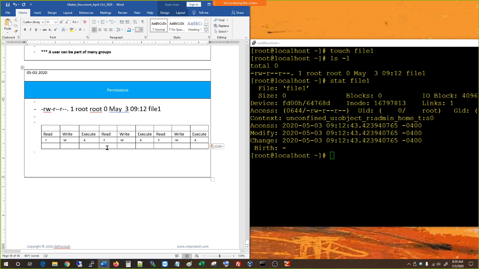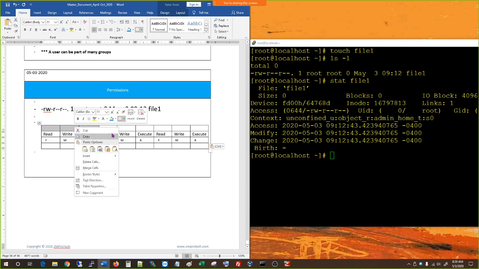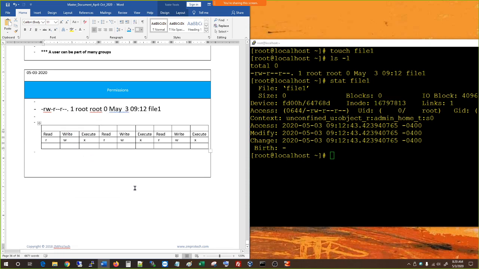So here, the first three parts are read, write, execute. This part belongs to the users. User means whoever is the owner of the file.